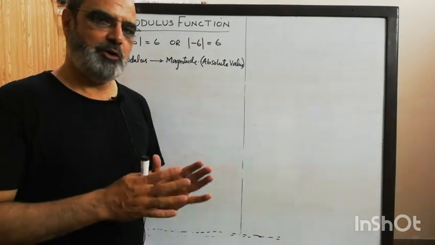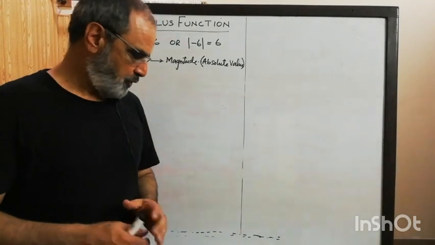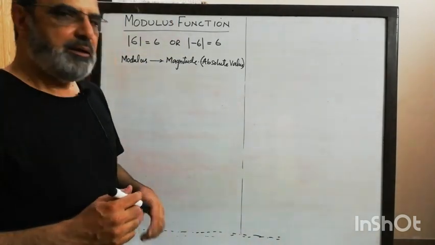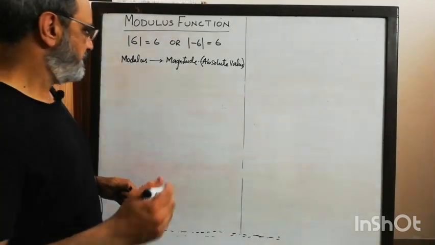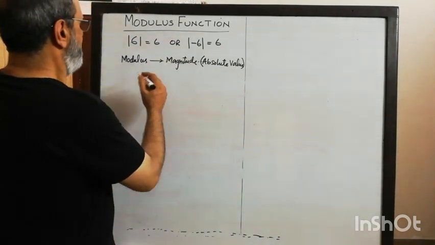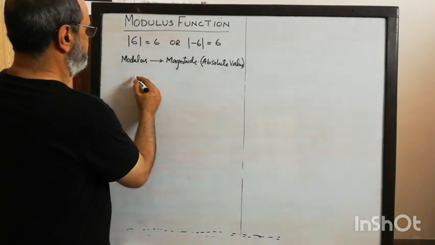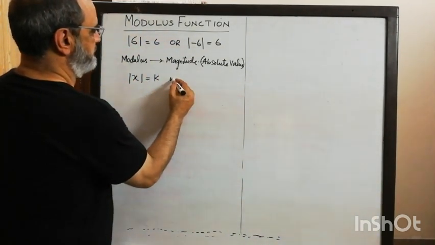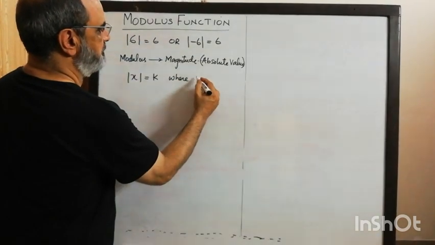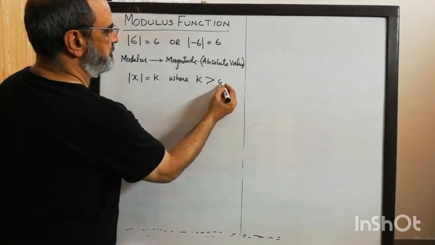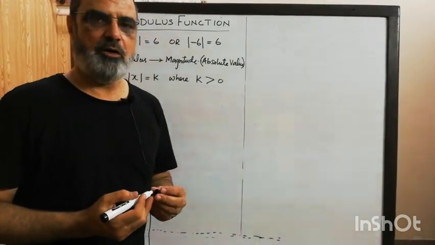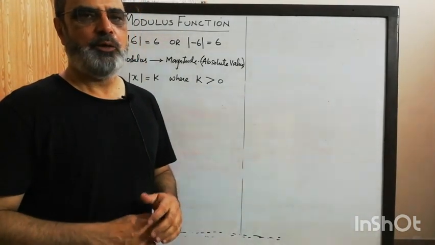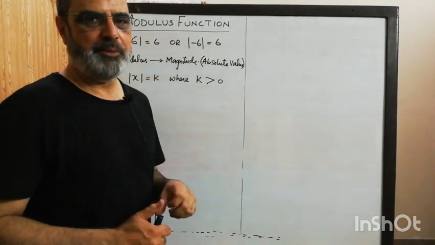So the modulus of a number is always a positive number. Suppose I consider modulus of x is k, where k is a constant which is a positive number.